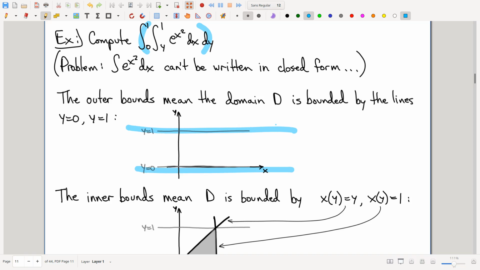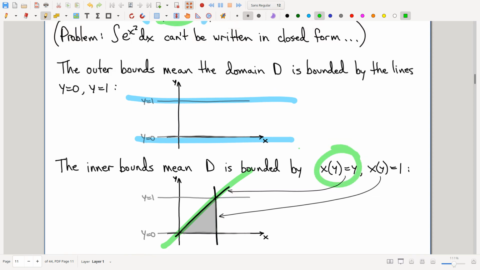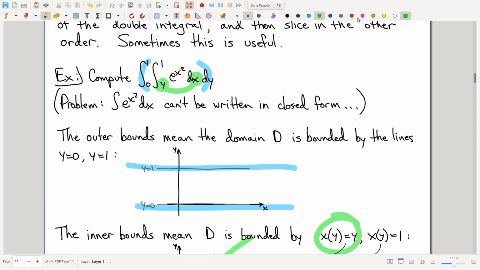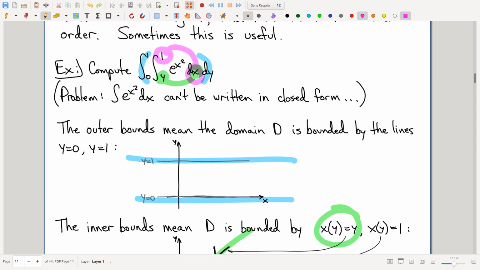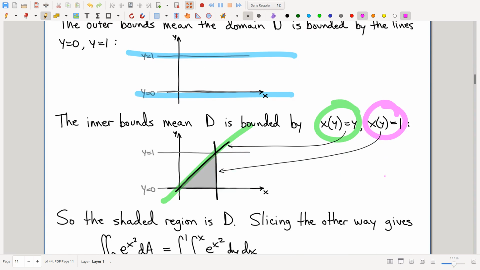And then furthermore, this inner lower bound, x equals y, that tells me that that's one of my bounds, literally the equation x equals y, and then this other one, x equals 1, is another one of the bounds.